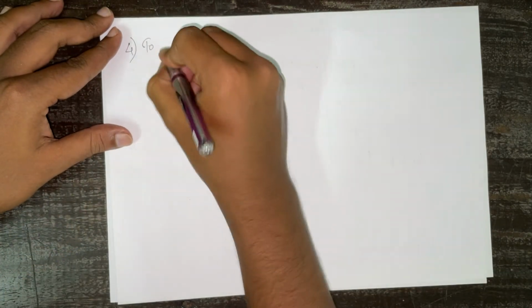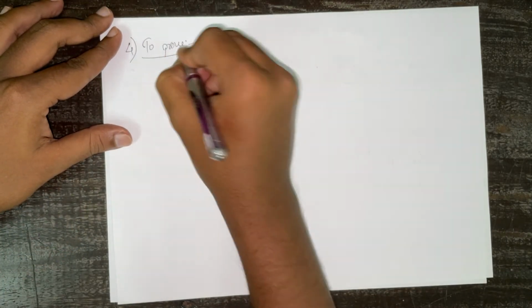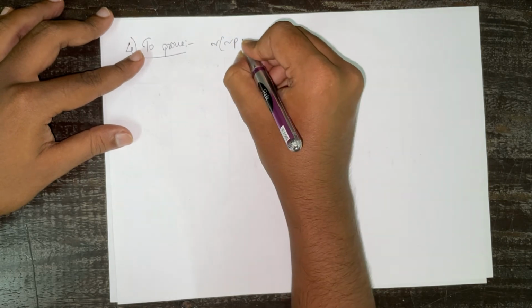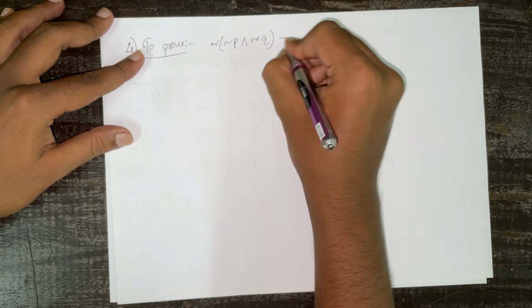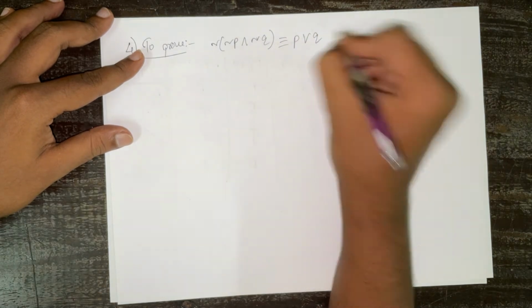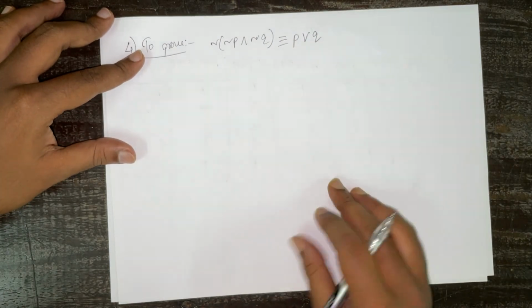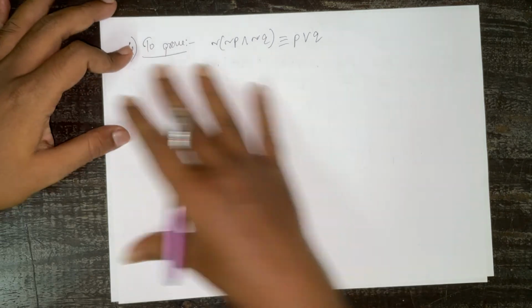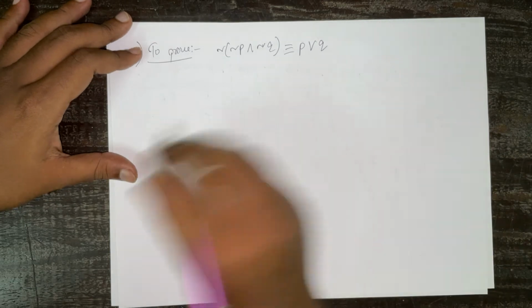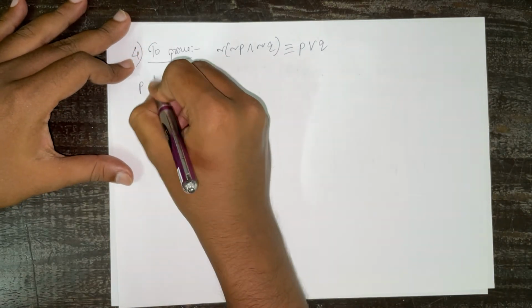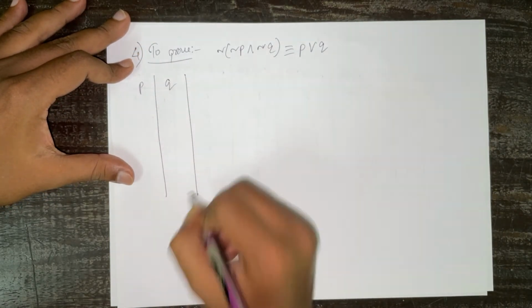We have to prove that negation of p, conjunction negation of q is equivalent to negation of p disjunction q. This is what we have to prove. Okay, so let us form a truth table. So let's see. Of course, we will need p, we will need q. Then what do we need?